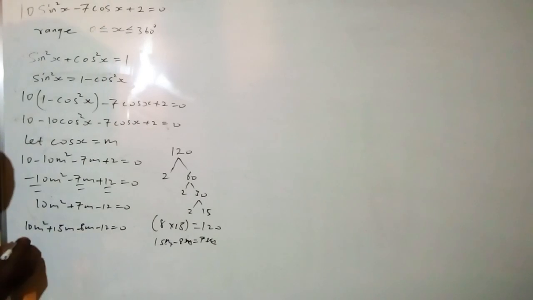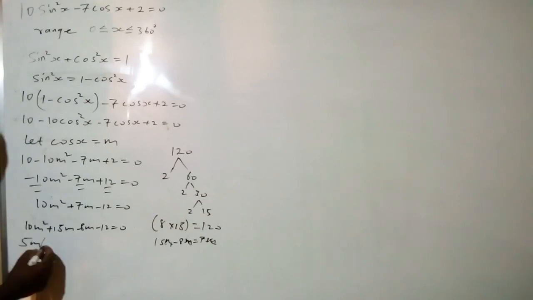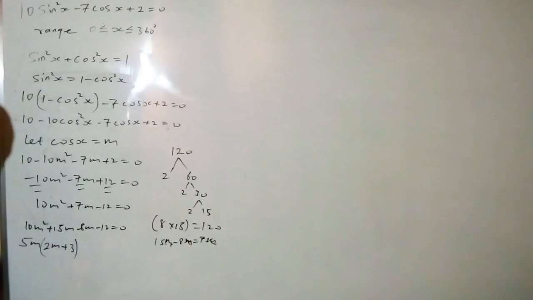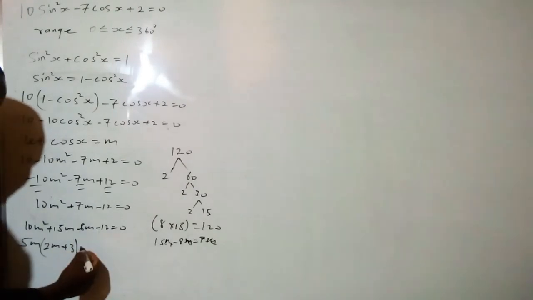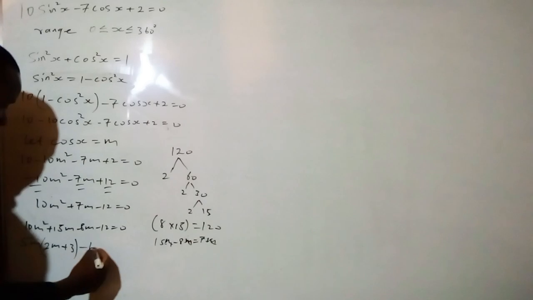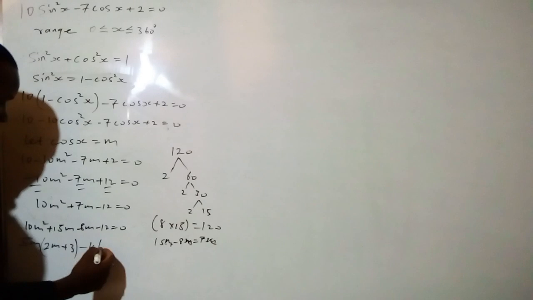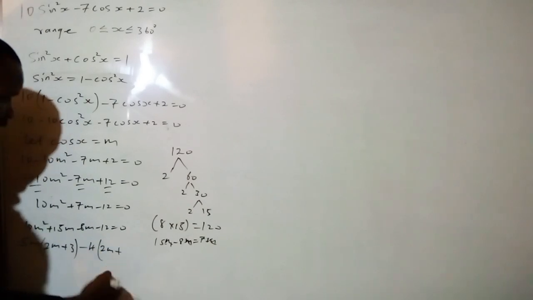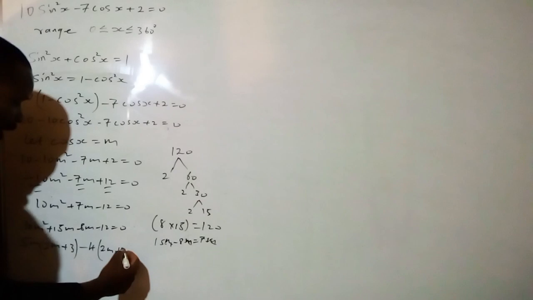You take it outside the bracket: 10m squared divided by 5m is 2m, plus 15m divided by 5m is 3. Negative and negative: 8 and 12 have a common factor of 4. Take it outside the bracket. 8m divided by 4m is 2m, negative divided by negative is positive, 12 divided by 4 is 3, equal to 0.